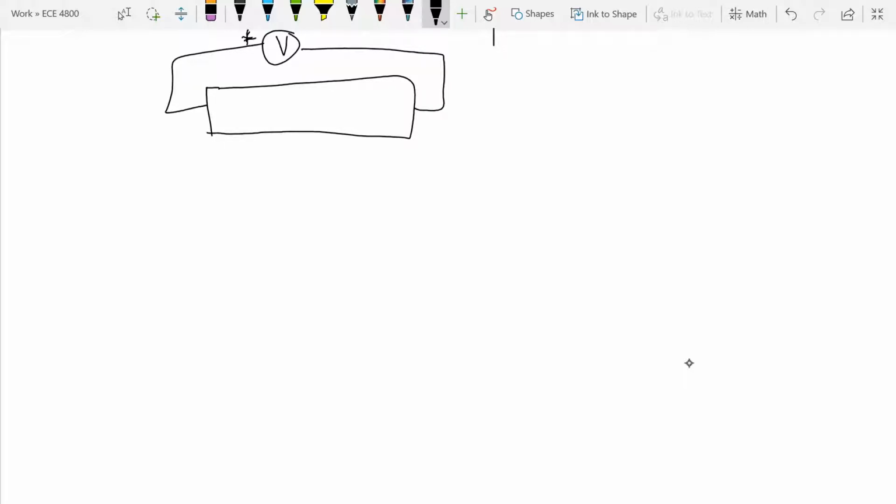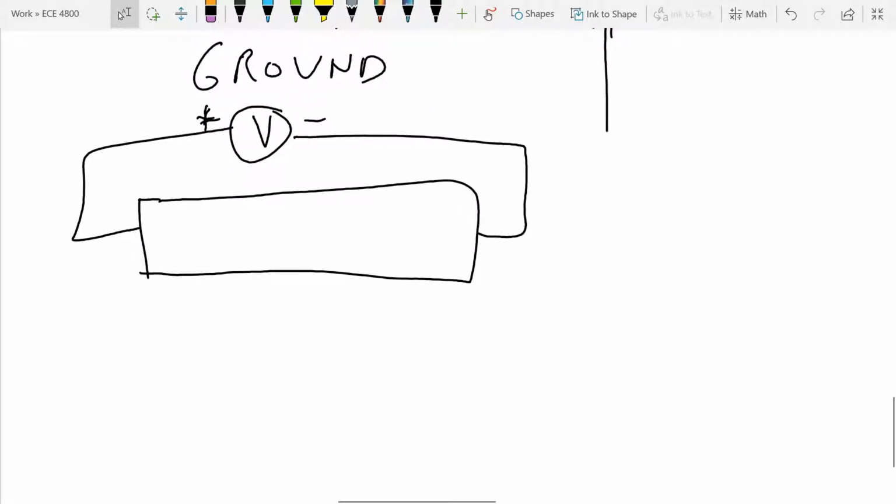We're going to be talking about this multiple times. What you can picture is that an electric field develops that goes this way. The electric field points from high to low potential.